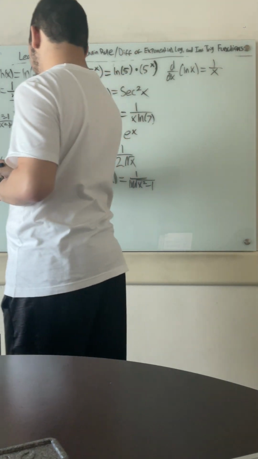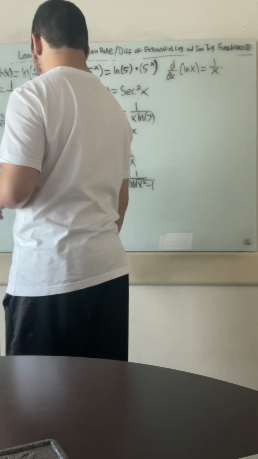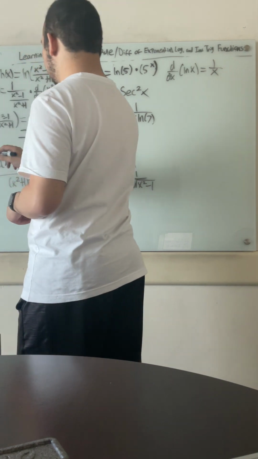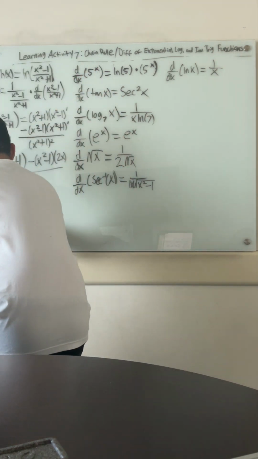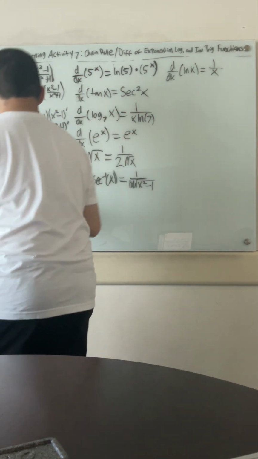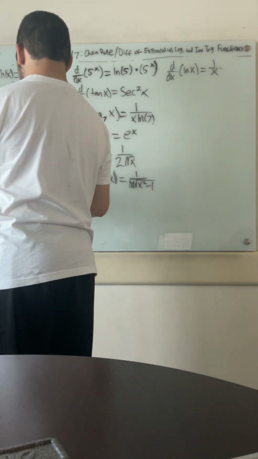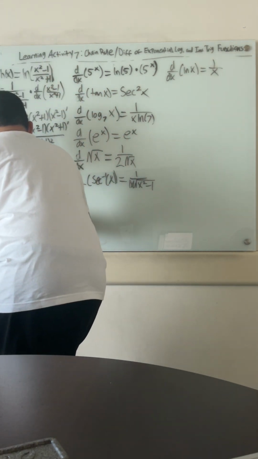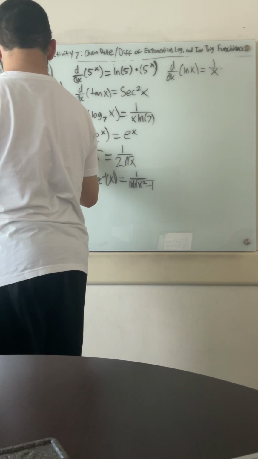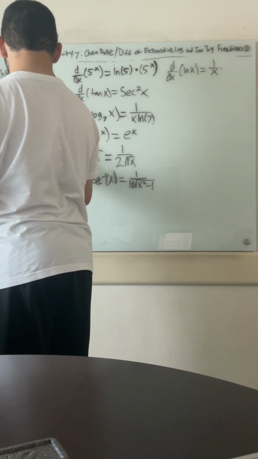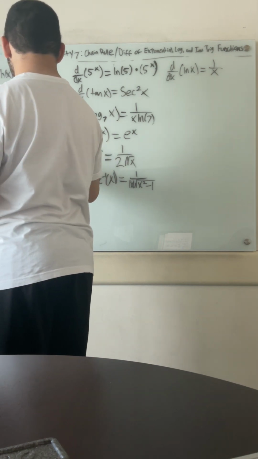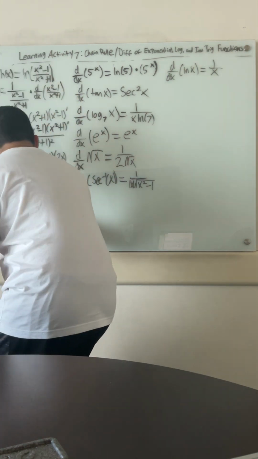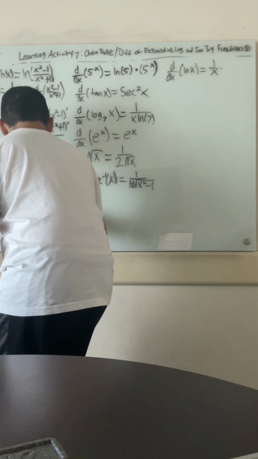So we can actually simplify this by factoring. Right here, 2x times x squared is just 2x cubed, and then 2x times 1 is just 2x. And then we have 2x times x squared, which is 2x cubed, but notice that there's a minus right here, so we have minus 2x cubed.